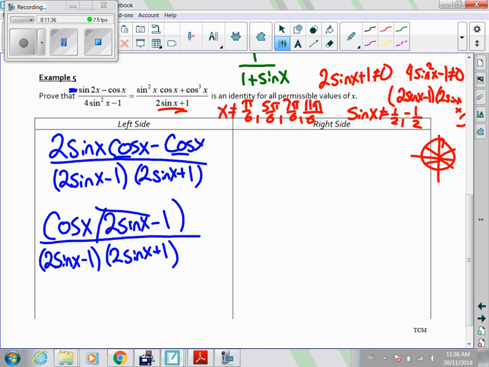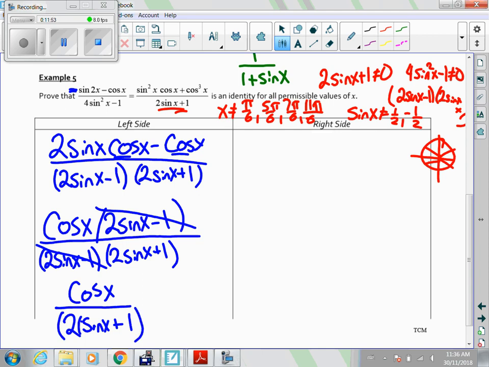I can now cancel off my 2 sine x minus 1s, and I'm left with cos of x over 2 sine x plus 1. So that's what that looks like right now.